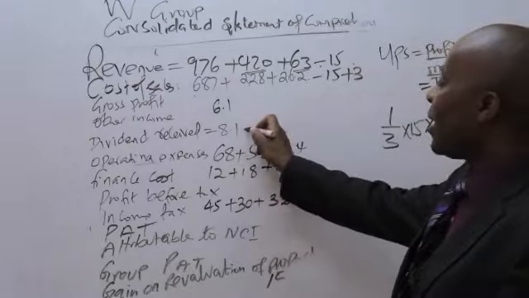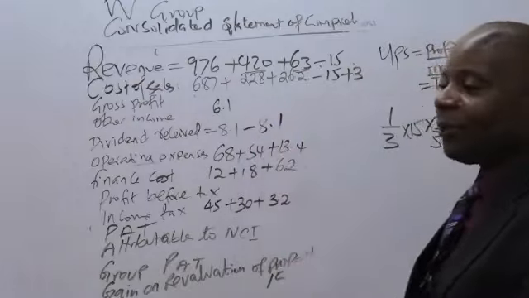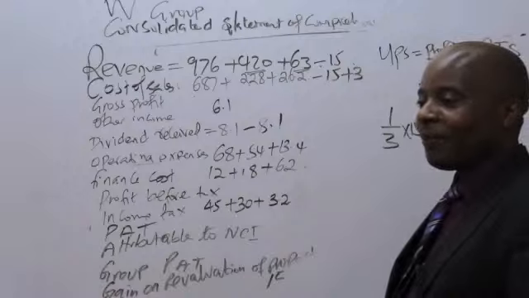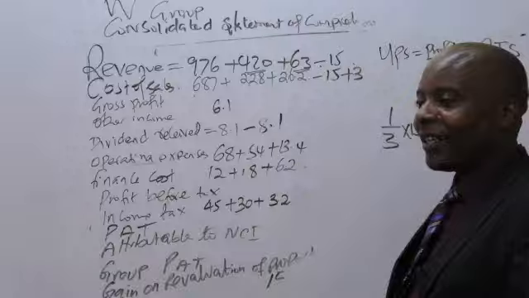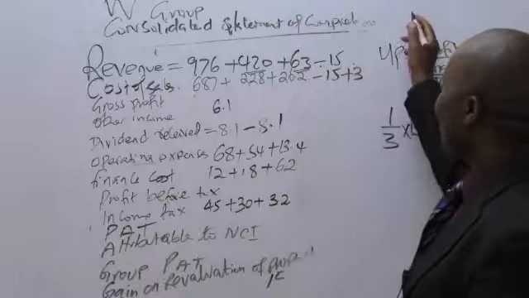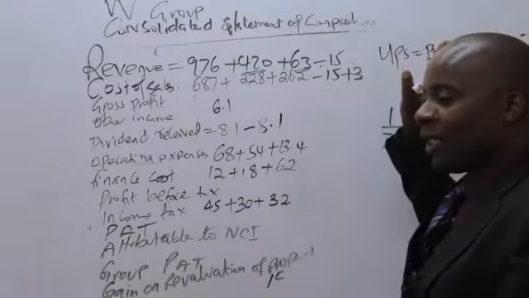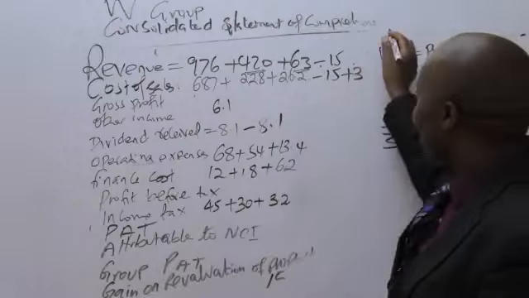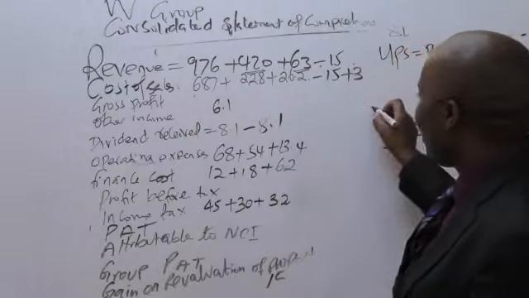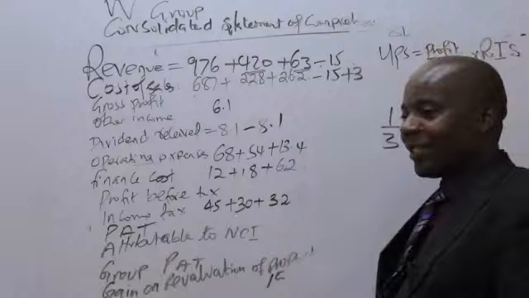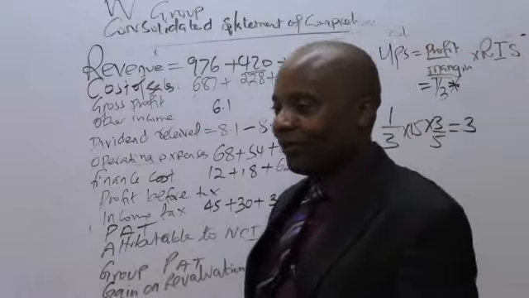So you say minus 8.1. Minus 8.1. Are you seeing under dividends received, if you have a column, sorry, my handwriting is very bad, and that's why I don't teach FR, you will have 0?